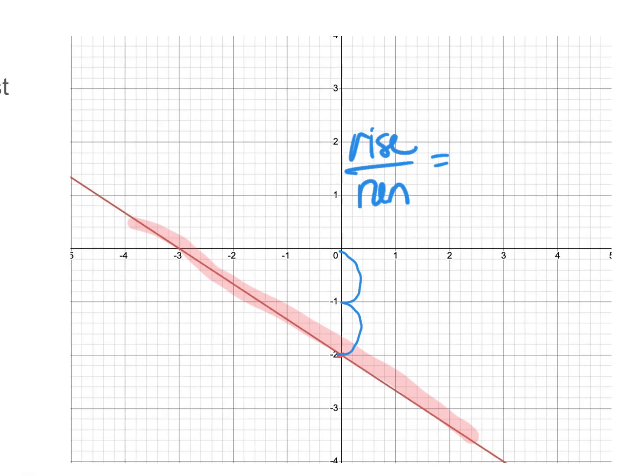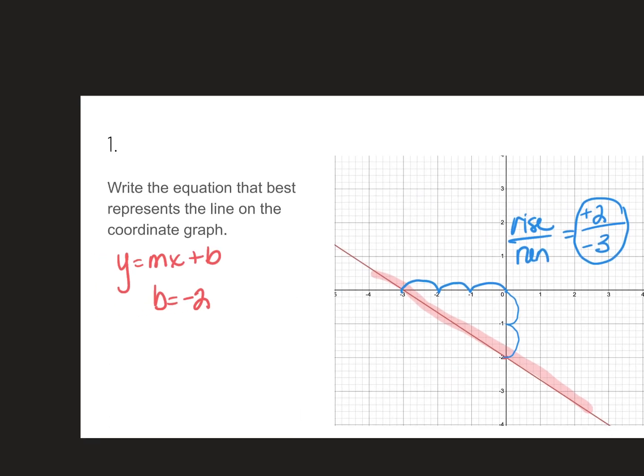So up is positive, so we went up +2. Now we're going to the left. If I go to the left, it's negative. You see on the number line that it's negative. So -1, -2, -3. So our slope, we got a negative value, -2/3.